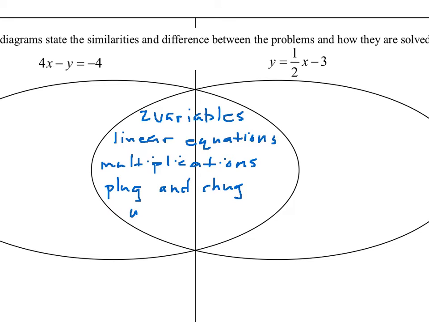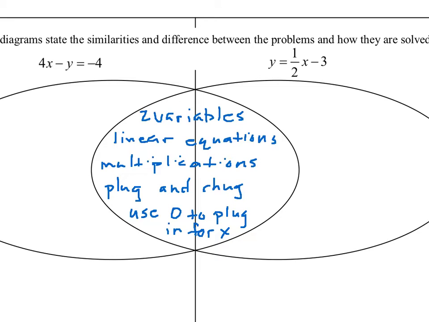Okay, he says we use 0 to plug. Specifically to plug in for what in both of them? The x. We use 0 to plug in for x when we're solving both of these.